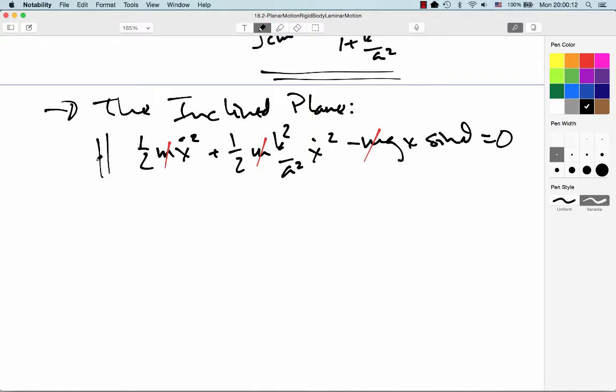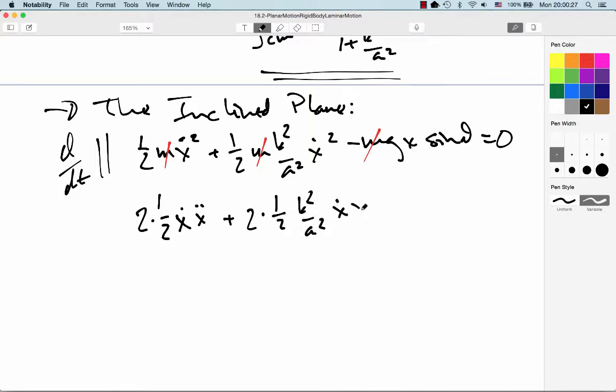Then I'll go ahead and differentiate with respect to time. So I'll get 2 times 1/2 times x dot x double dot plus 2 times 1/2 k squared over a squared x dot x double dot minus g x dot sine theta equals 0.